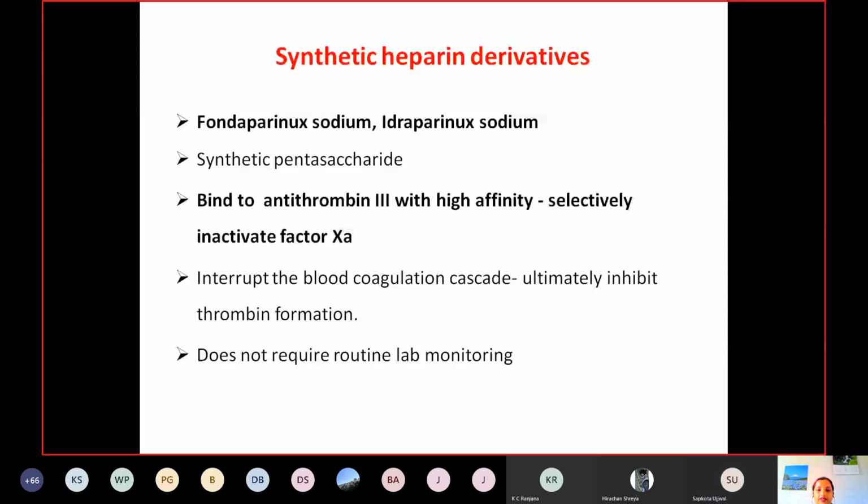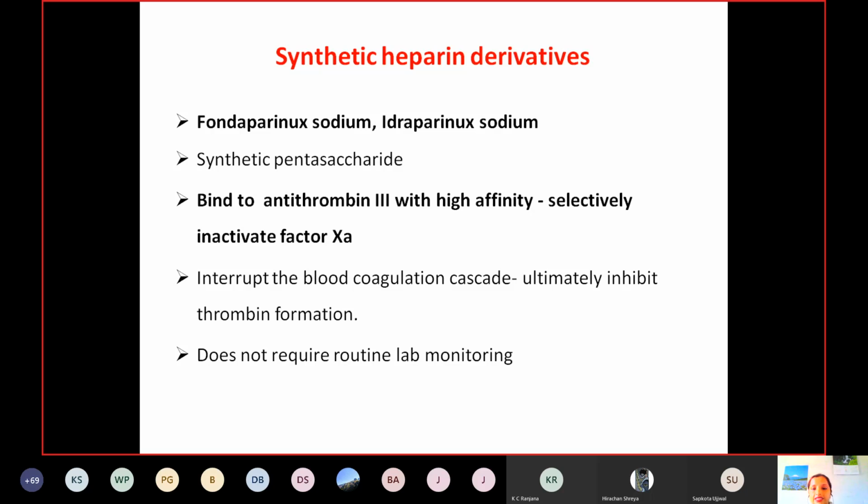Why? Because it does not have a large size, and large size is required. Complete occupancy of both the factor as well as the antithrombin is required in case of factor 2. But such occupancy is not essential for factor 10. If it is occupied, then it's okay, or if in some condition it is not occupied, the factor 10 is also inhibited.